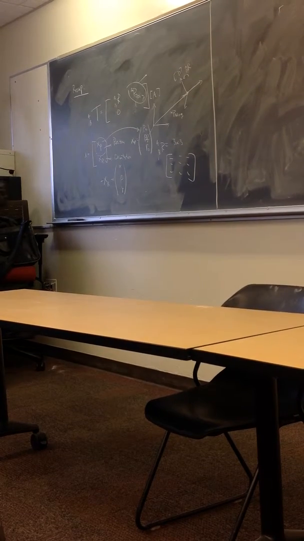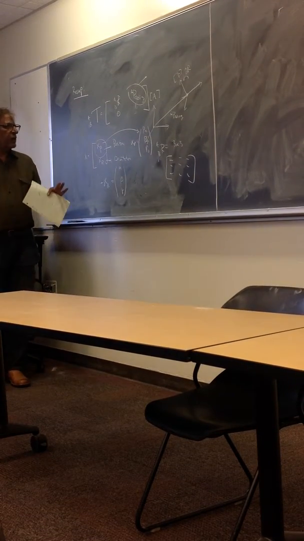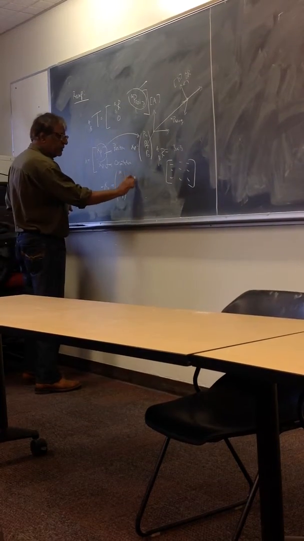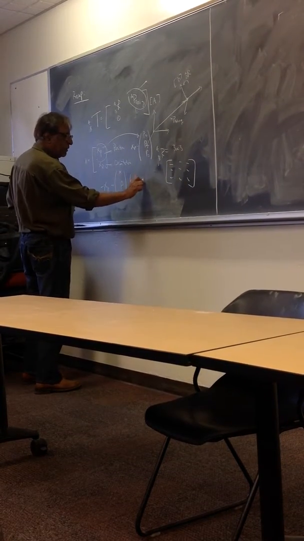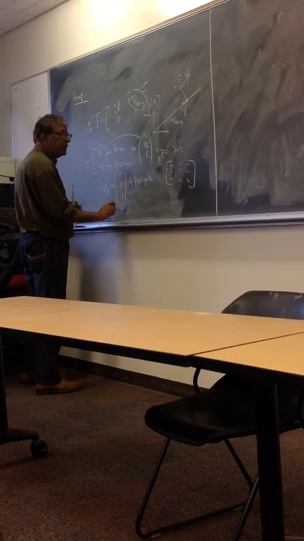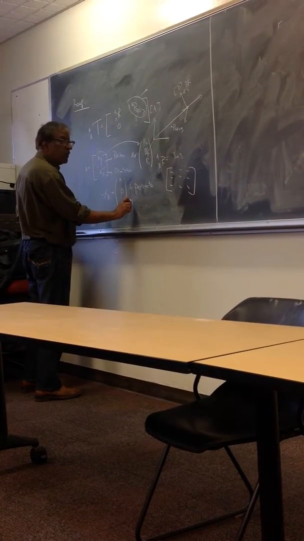So now we know the problem. What is the problem? The problem is that we want 6 parameters, and we actually have how many? We have 12, right?